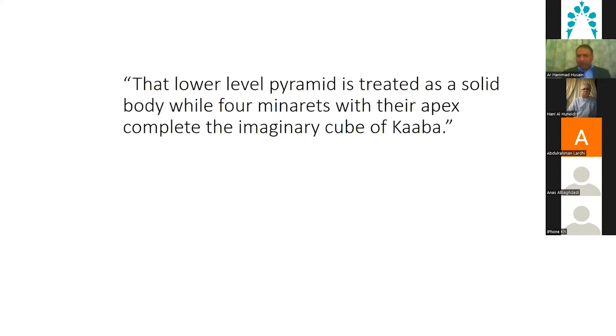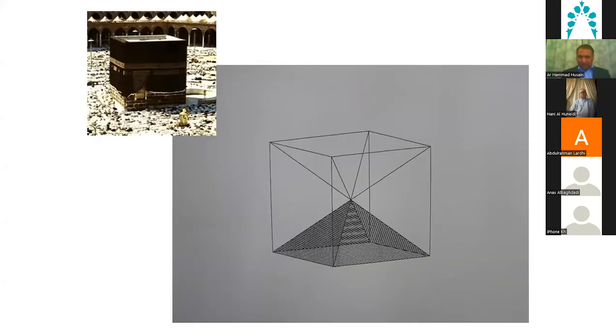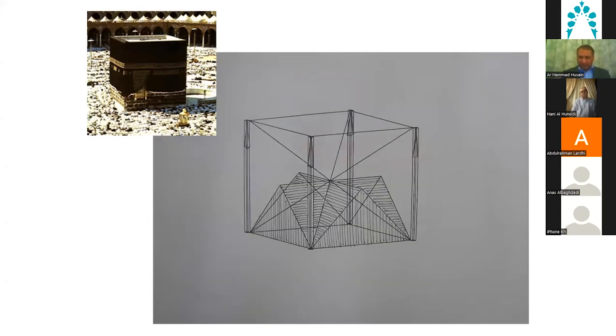The lower level pyramid is treated as a solid body, while 4 minarets with the apex complete the imaginary cube of Kaaba. Next, please. So he solidified the bottom pyramid that forms the shape of the mosque. And next, please. And this is how the imaginary cube is formed.